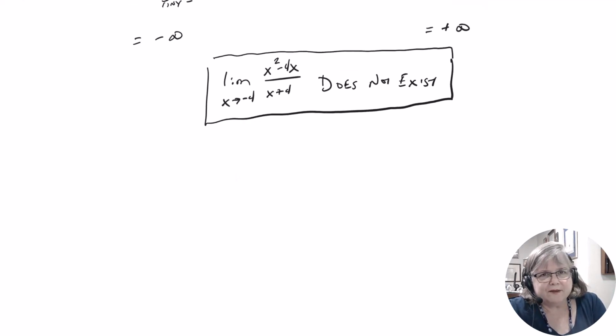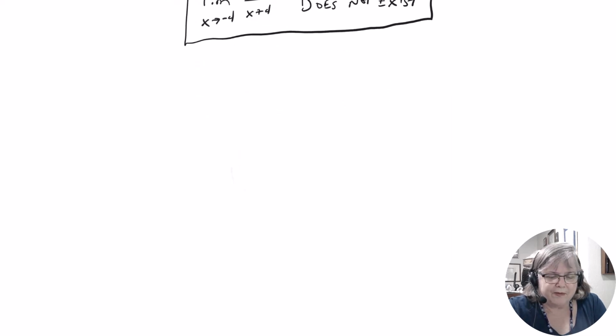Now, what if we have some other forms? Some of the typical forms that you'll see are something like 0 times infinity, and that could also be 0 times negative infinity, or it could be infinity minus infinity.